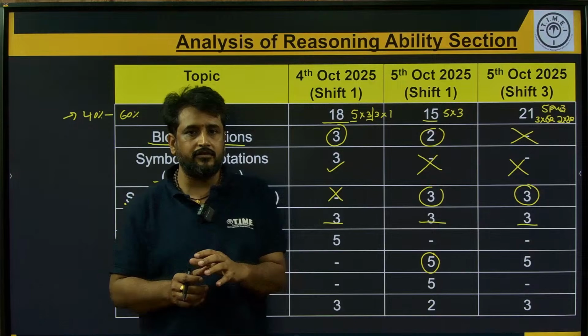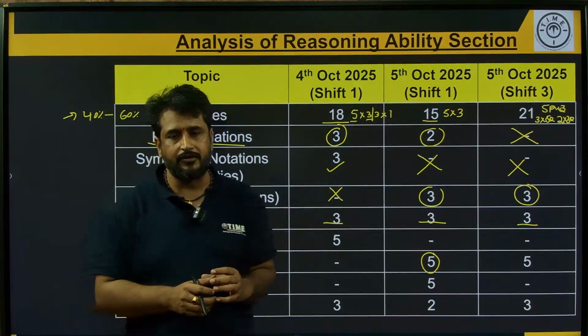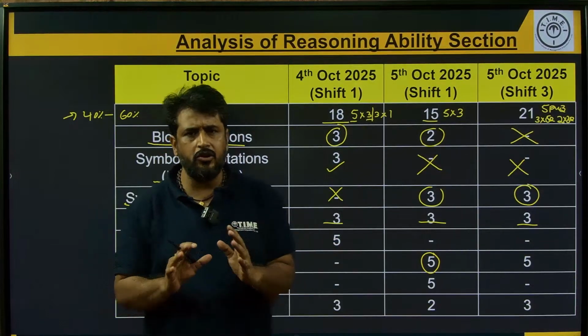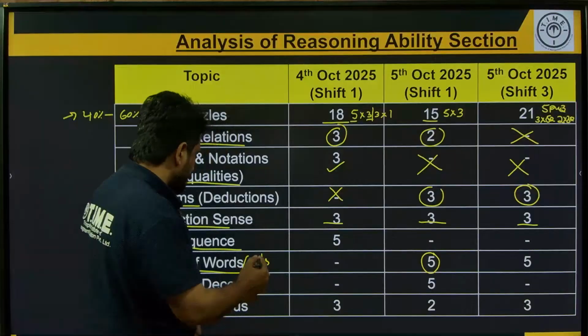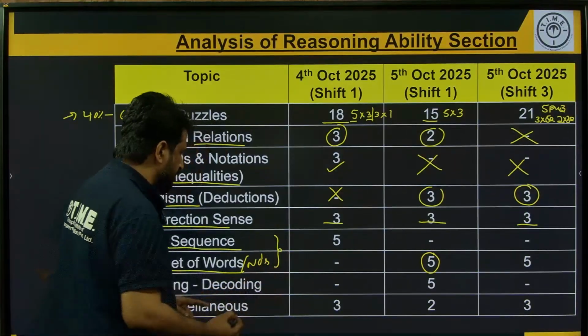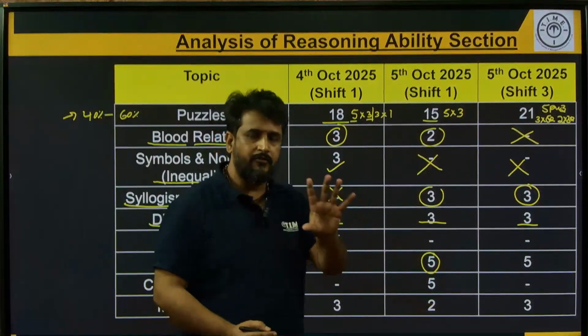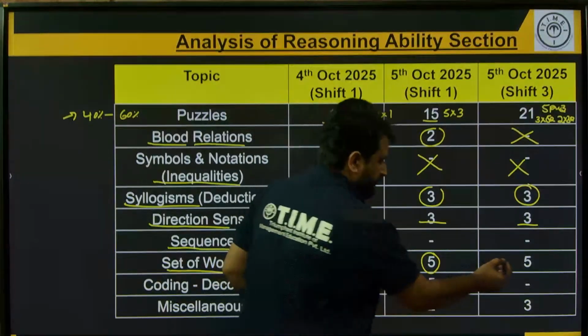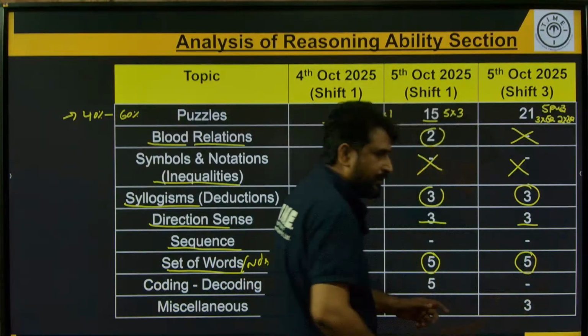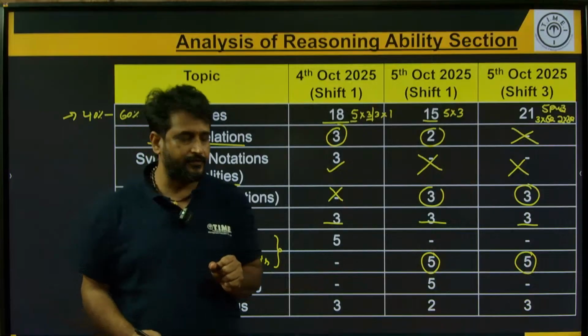This kind of questions were asked in a set of words, and these are easy and doable questions. In every slot, from one of the areas, sequence or a set of numbers or words, we have given 5 questions. So short questions, they take less time, and doable.